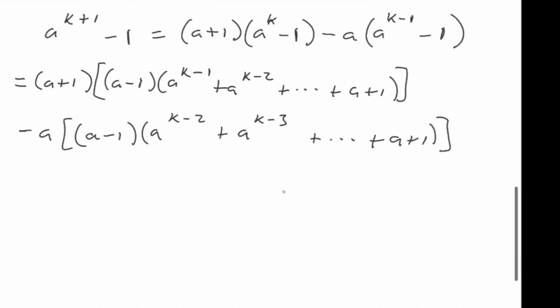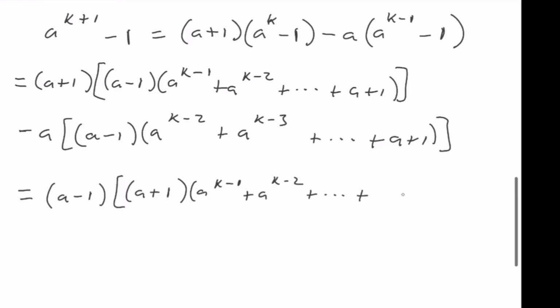Okay, so here, this is where we have a minus 1 term in both of these. So we have a minus 1, and then we're going to be left with a plus 1 times a sub k minus 1 plus a sub k minus 2 plus dot dot dot plus a plus 1.